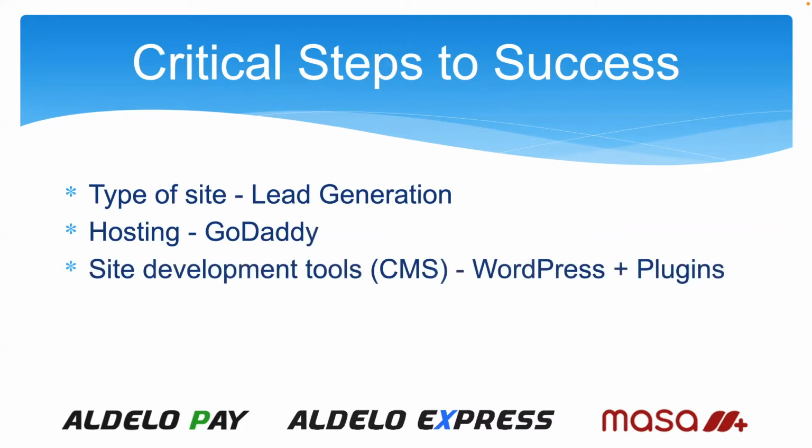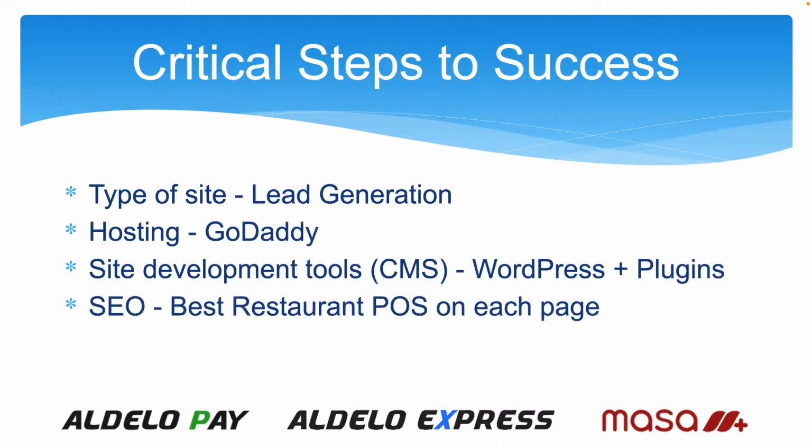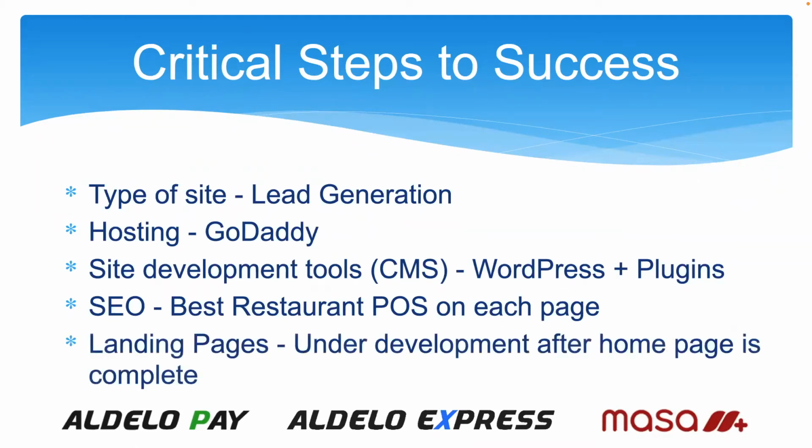I'm going to use WordPress and plugins for WordPress for my CMS. For SEO, Best Restaurant POS is going to be on each page. And then the sub pages will also have the word Aldelo and what that landing page is going to be about. Because there's going to be several different landing pages that I will do once I'm complete with the home page.